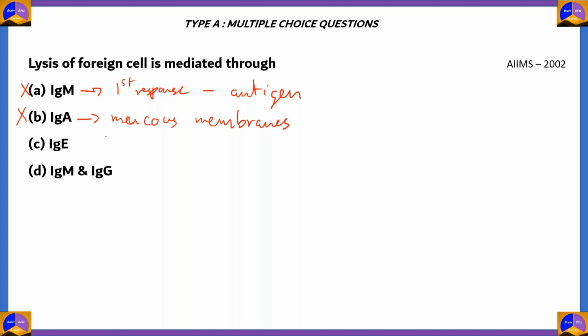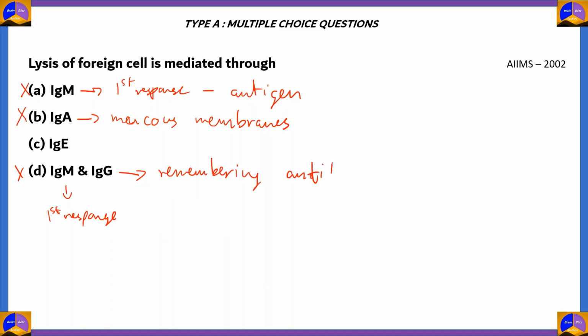What about option D, IgM and IgG? So we know that IgM is for first response, so basically the option is incorrect, and IgG is used for remembering antibodies.